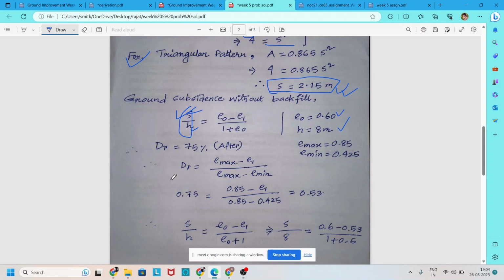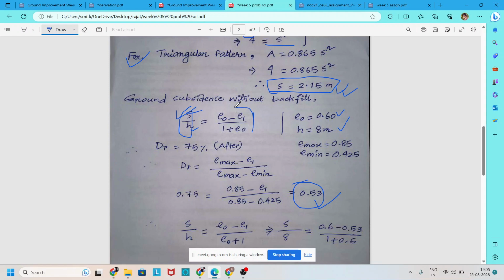In the question, it is given that our targeted relative density is 75%. So if we put all these values in this equation, we find out the void ratio after the compaction, that is 0.53.